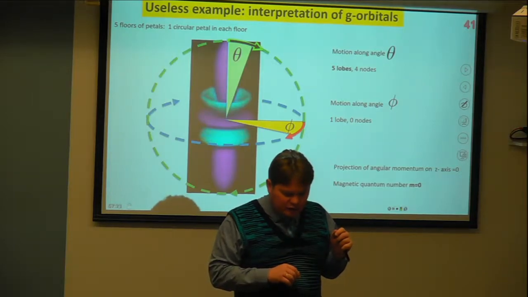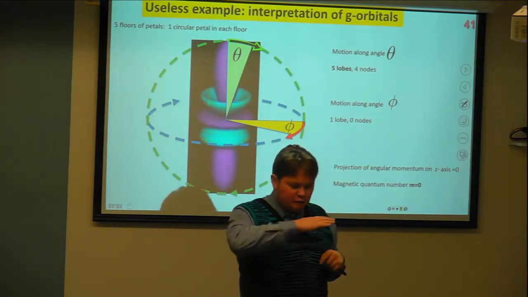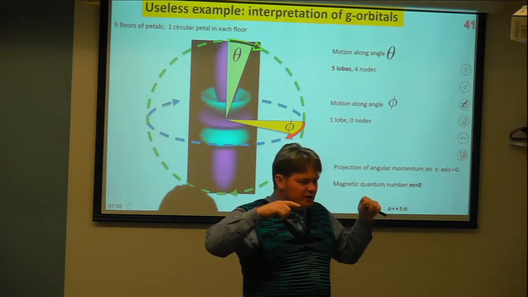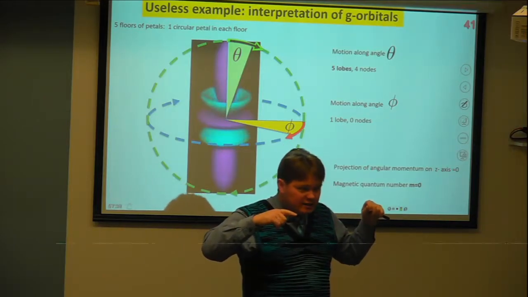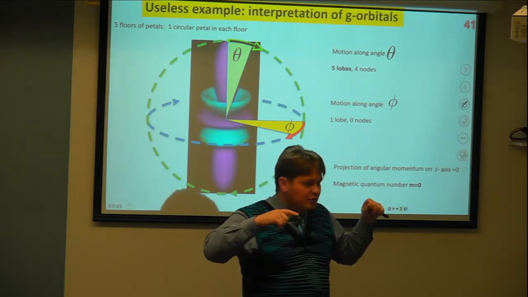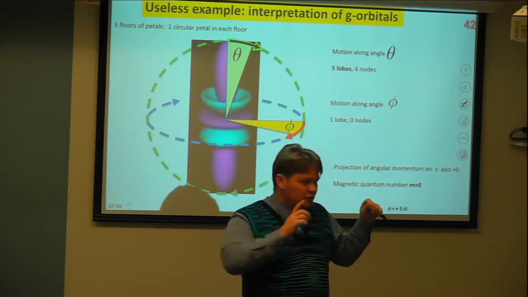When one tries to solve for three-dimensional rotation, there will be a progression of energies that also goes almost quadratic. And for each value of energy, there will be several states that have the same energy but different values of m, different values of angular momentum projection onto the z-axis.